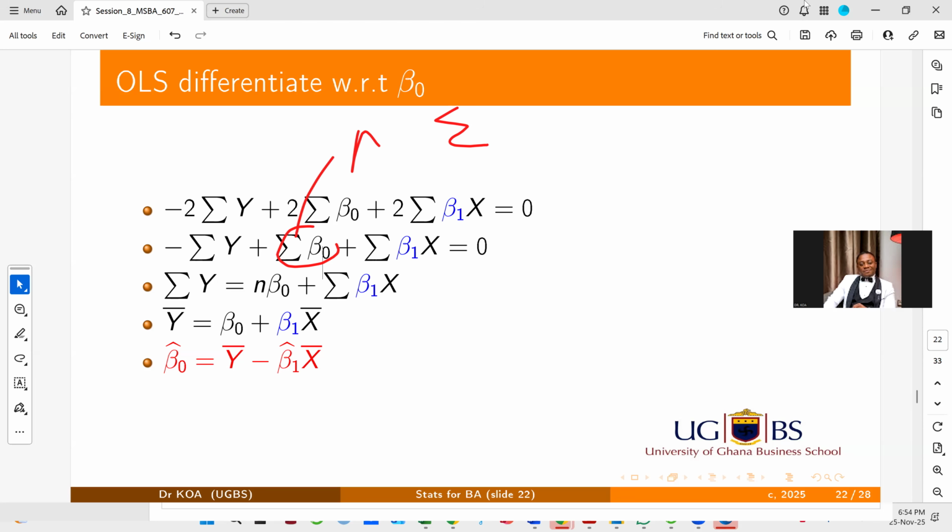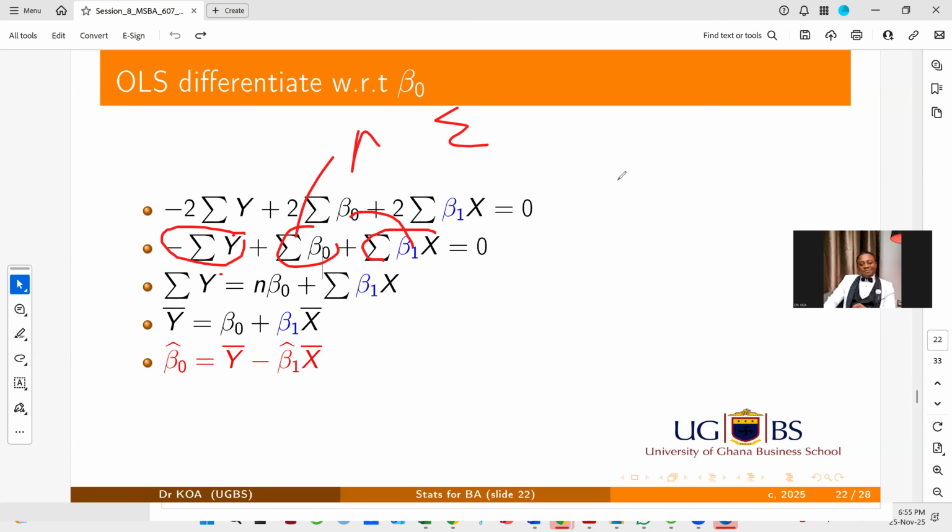So you take this negative y here, and then you divide it by what? By n. So you're going to take this one here, you divide it by n. And then you take this one, divide it by n, and bring the beta 1 out.